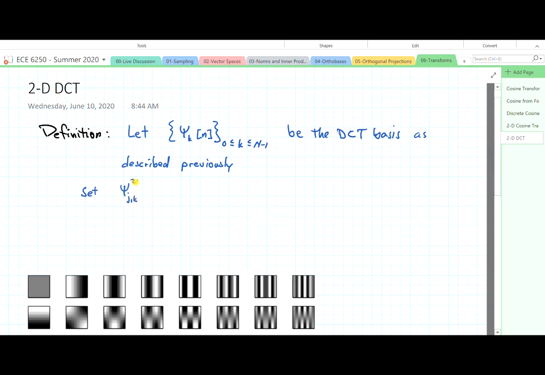JK MN is equal to the product of two 1D bases.